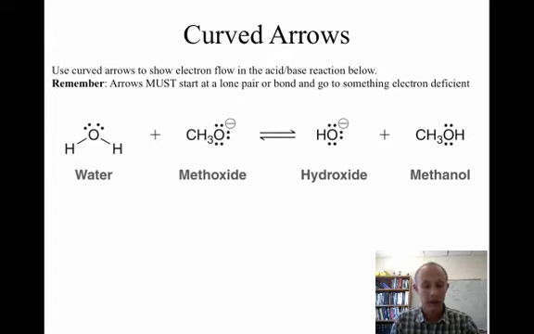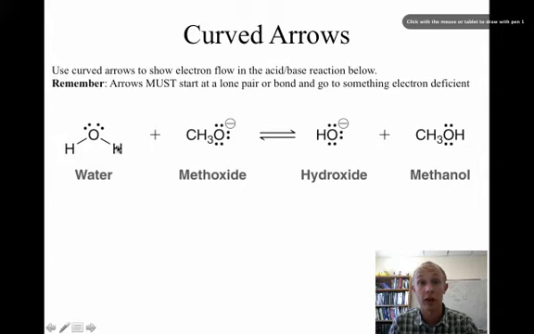This can be somewhat confusing because what we're not showing is where the proton is going. What we're showing is where the electrons are going. Just like when we were doing resonance structures, we're always going to start the arrow on a lone pair of electrons or a pi bond.